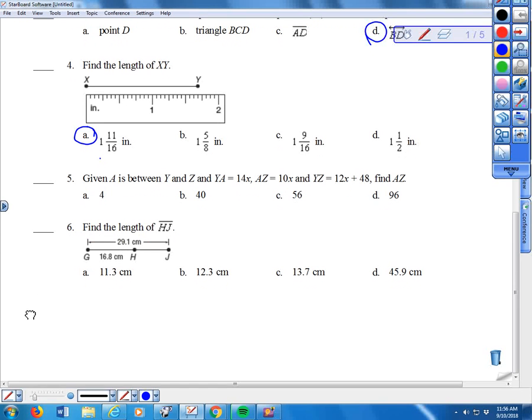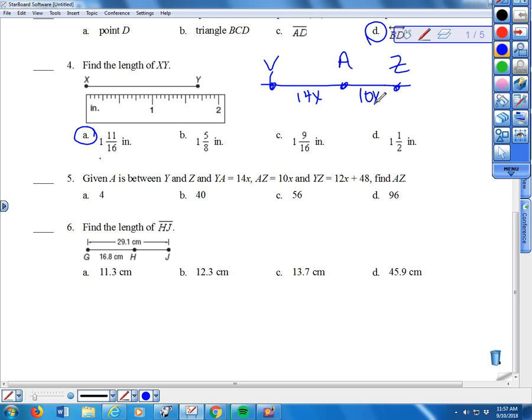All right. Given that A is between Y and Z, so I usually just stop there and start my drawing here. Y, Z, A is somewhere between. YA is 14x. AZ is 10x.